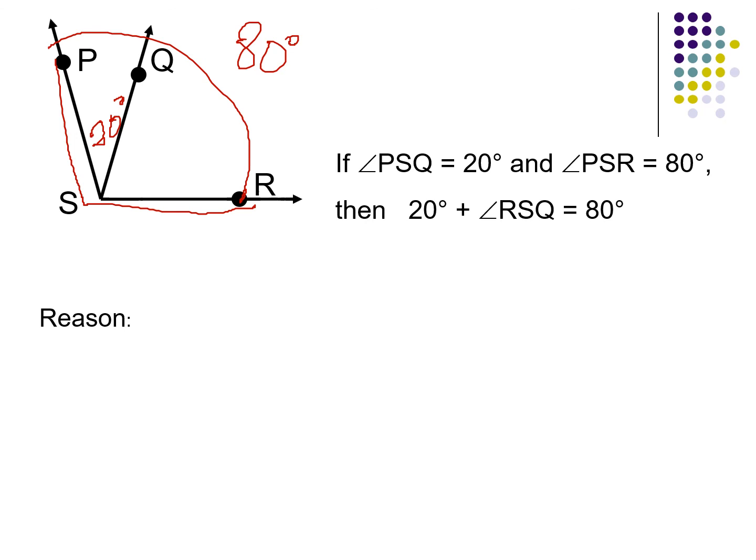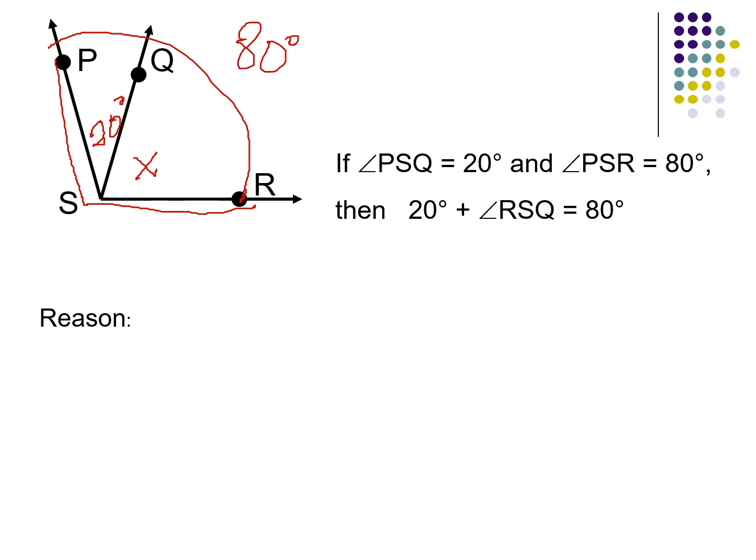The next sentence is for you to think about what's going on. 20 plus whatever's in RSQ right in here, we'll say that's X, equals 80. So it's not find X. Find X is not the next step.